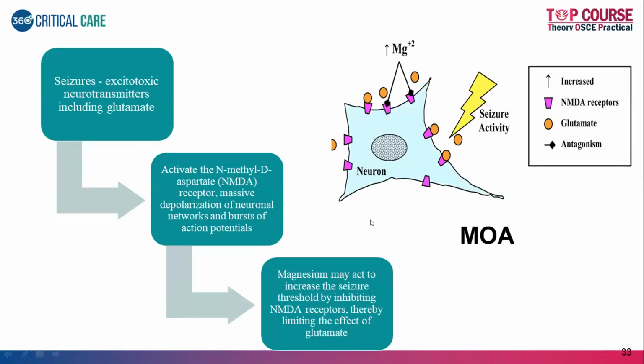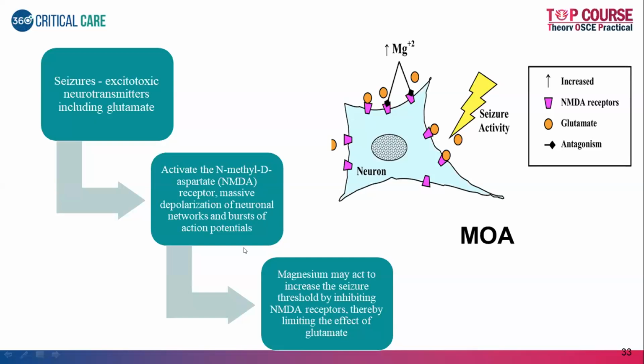So coming to the mechanism of action of magnesium. How does it prevent seizures? Seizures usually occur because of excitotoxic neurotransmitters like glutamate. Glutamate activates the NMDA receptors, which leads to massive depolarization of the neuronal network and bursts of action potentials. So magnesium may act to increase the seizure threshold by inhibiting these NMDA receptors, thereby limiting the effect of glutamate.